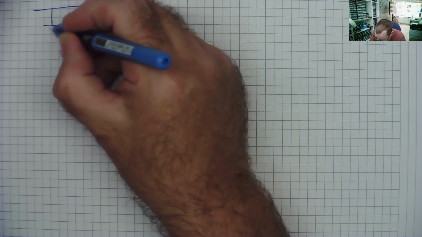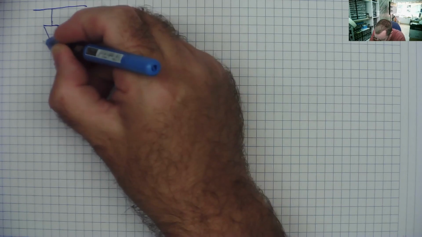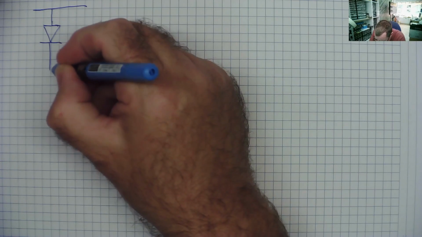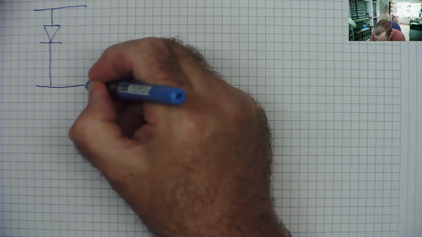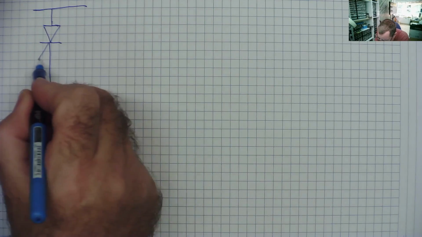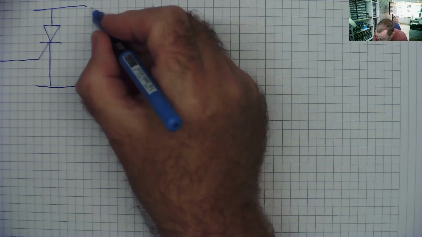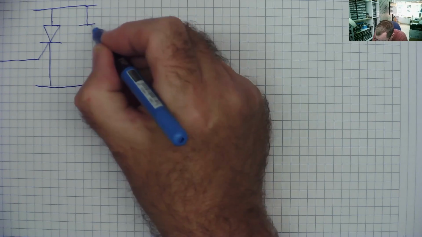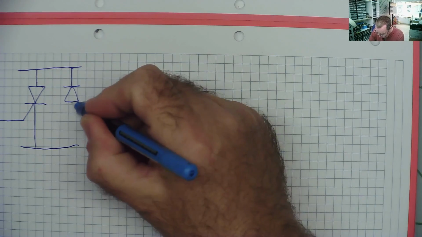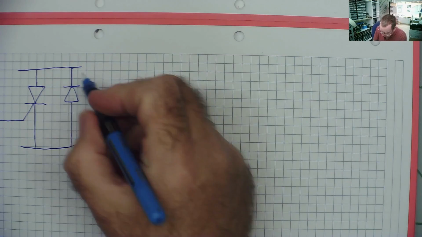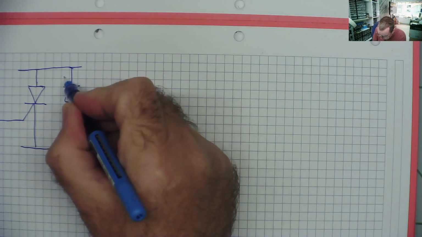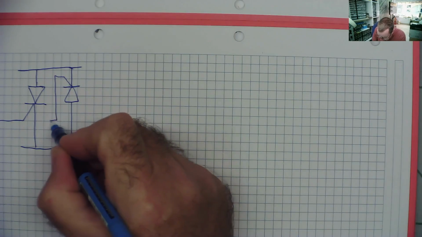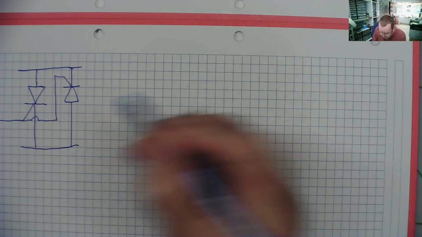So we have one Thyristor, okay, gate, and we have another one wired the other way round, like so, and we have the gate of this one, which basically is connected to the gate of that one.